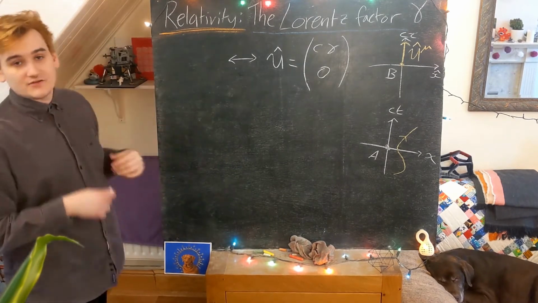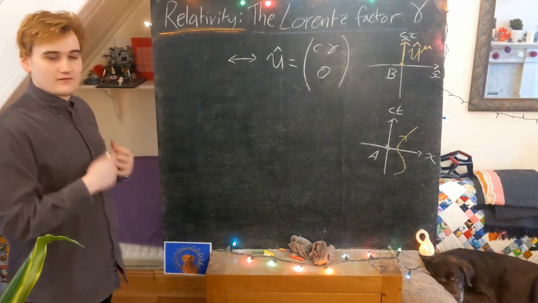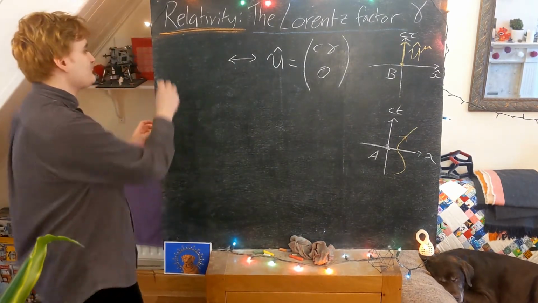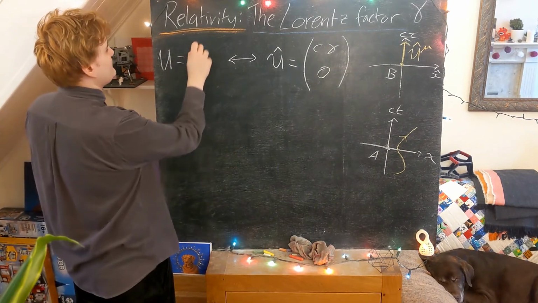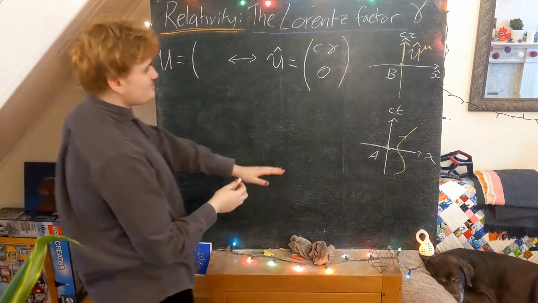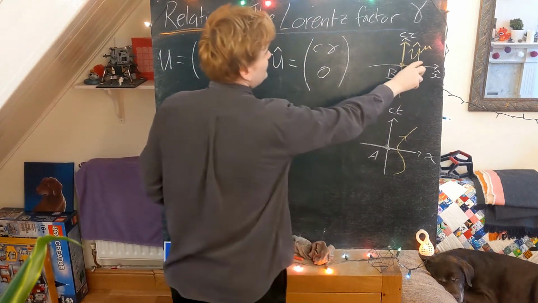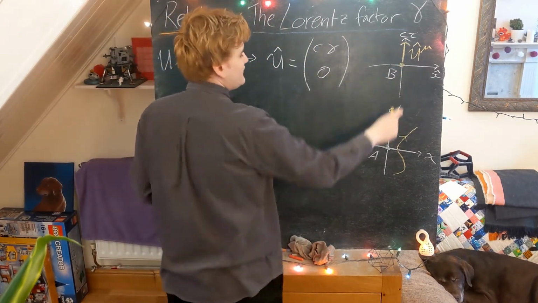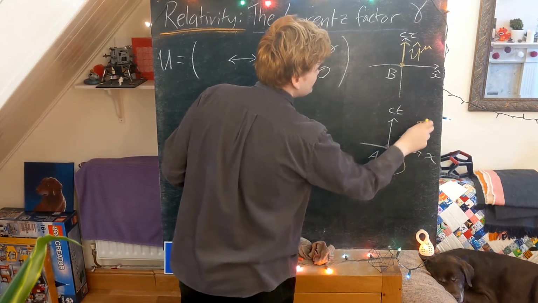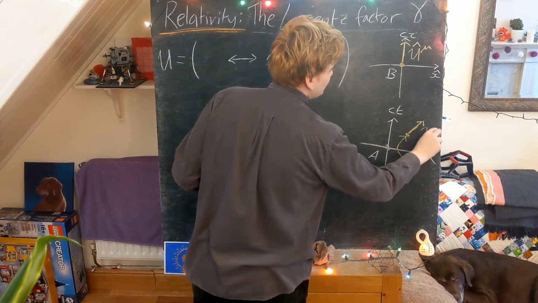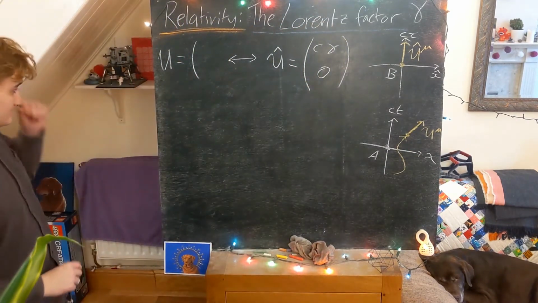So I said we're going to transform without really knowing how we do that yet. We're just going to think roughly, but we're going to transform this four-velocity into some other frame. So if you like, we're taking this stationary four-velocity vector and translating it into this other frame, and we're going to look at how it appears in this new frame.